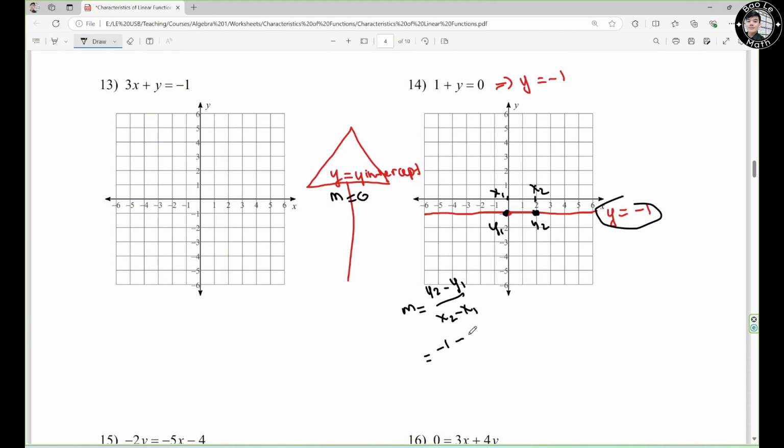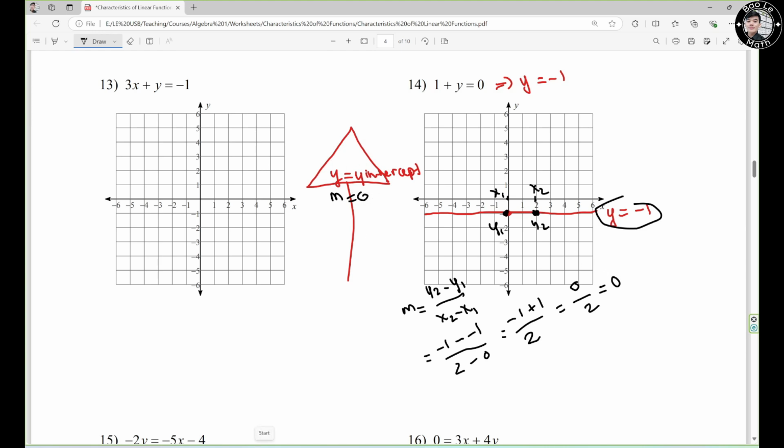Y1 is still -1, so minus -1 right here, over x2. x2 is going to be 2. x1 is going to be 0, right? So it could be -1 plus 1, right? Two negative signs next to each other turn out to be positive. Alright, so it's going to be 2. Now, -1 plus 1 is going to be 0 divided by 2. It's going to be 0. That's why we have a slope equal to 0.